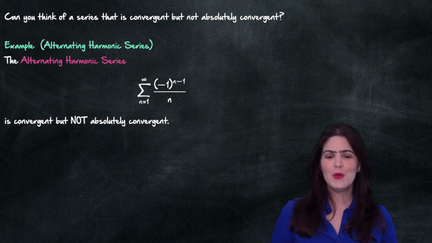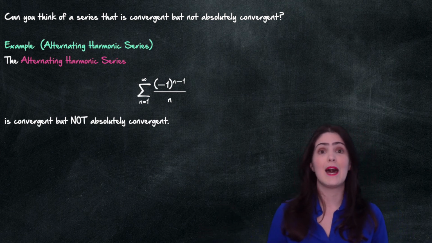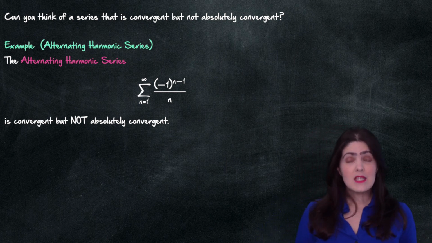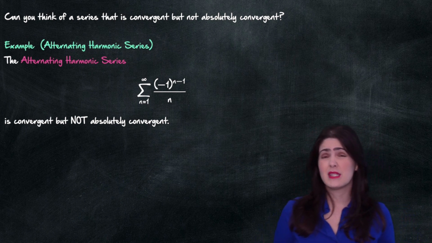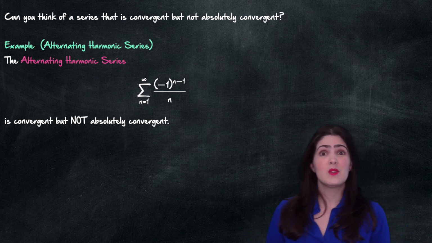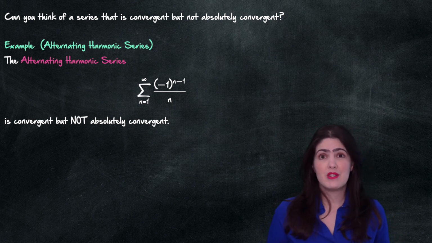Great. So we have a very old friend, the alternating harmonic series. It is convergent by the alternating series test. But when we look at the series of the absolute values, we end up with just the harmonic series, and we know the harmonic series is divergent.